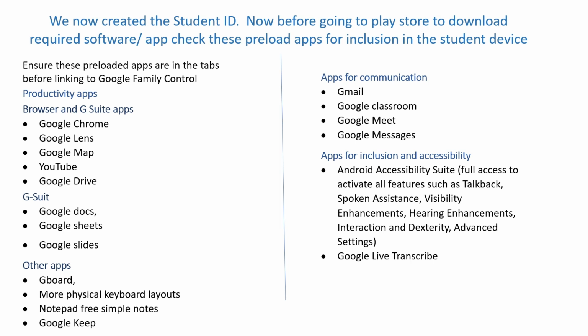It comes under Google Android Suite or Android Accessibility Suite. Then you have to ensure that Google Live Transcribe is also in that preloaded setup. If it is not there, download it from the Google Play Store.